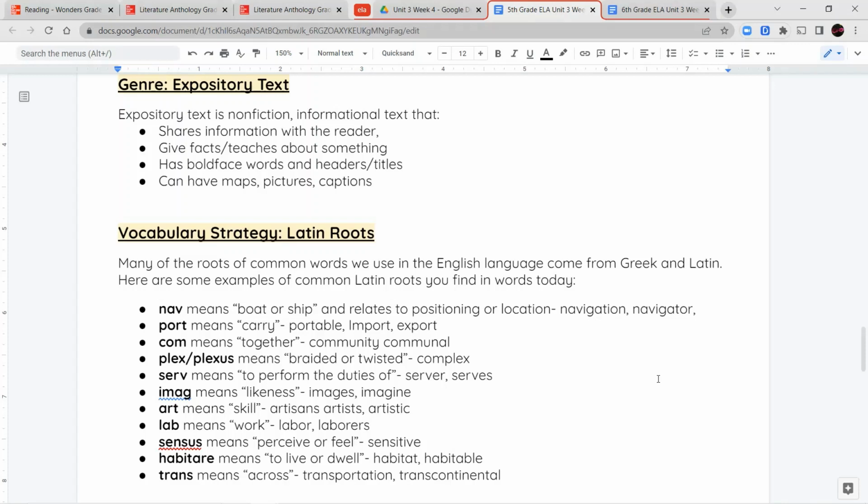So a habitat, or if a place is habitable, means that you're able to live there or it's your home. Trans means across, so transportation when you're moving across area or across land. Transcontinental means across a continent, like a transcontinental railroad. These are all different Latin roots that we use pretty commonly in the English language.